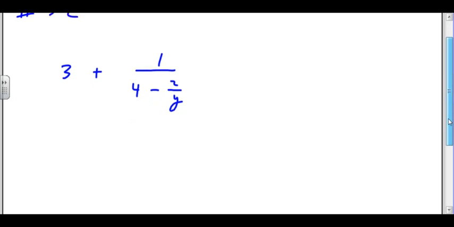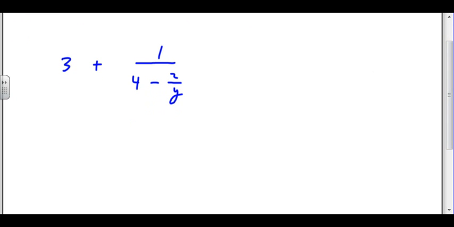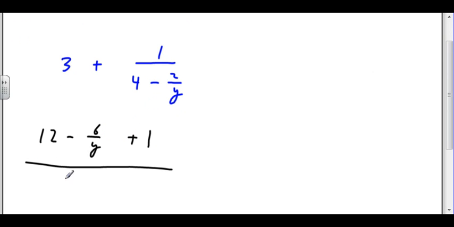I don't know what we're going to do. Obviously, we have a common denominator, right? So I've got 12 minus 6 over y plus 1 divided by 4 minus 2 over y. And then I'm going to multiply top and bottom by y.